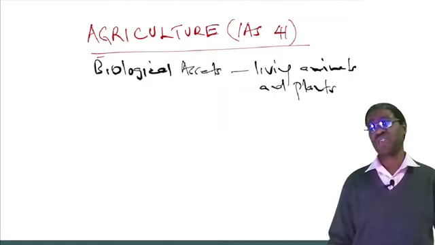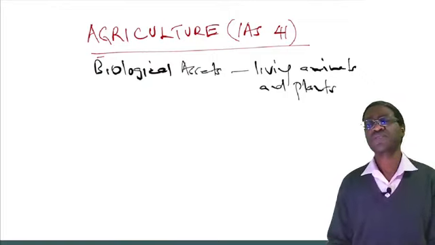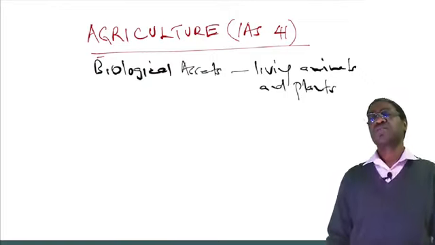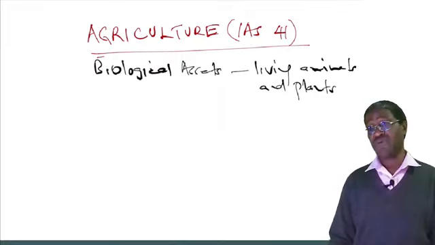So the topic is agriculture. Put it down. Then the accounting standard for it is IAS number 41.